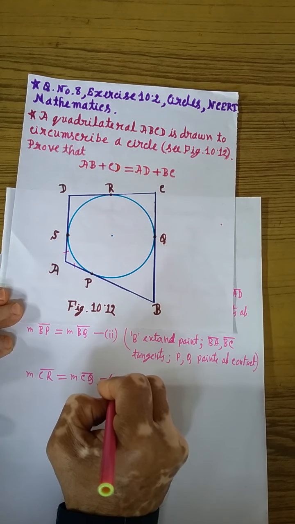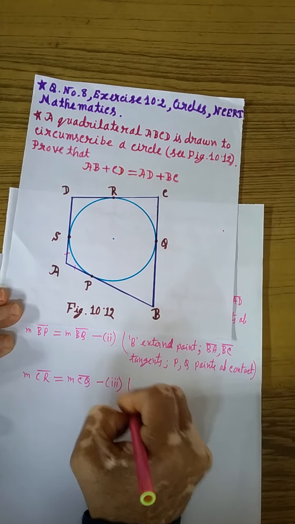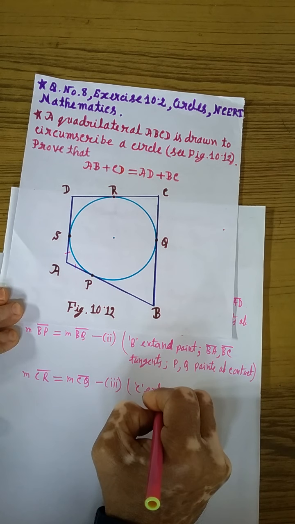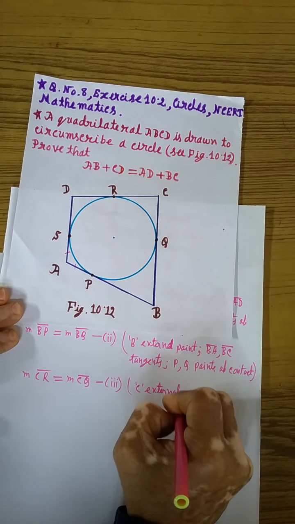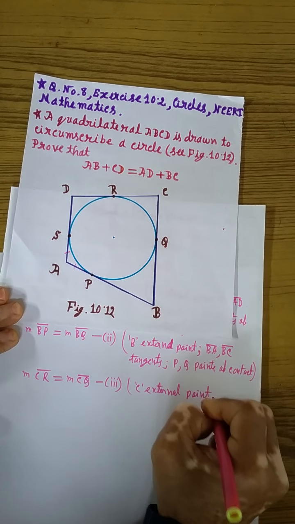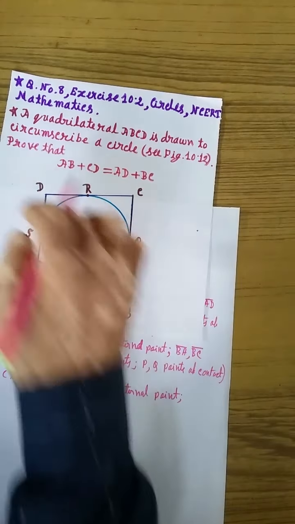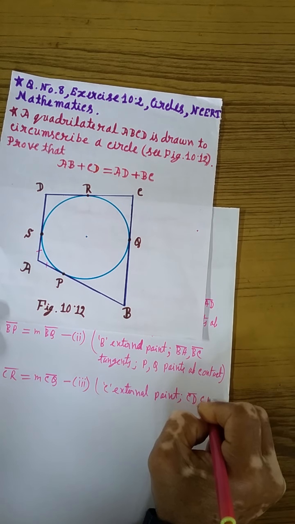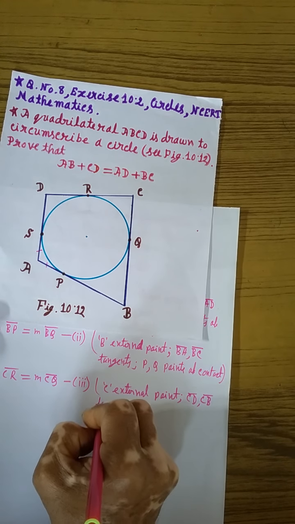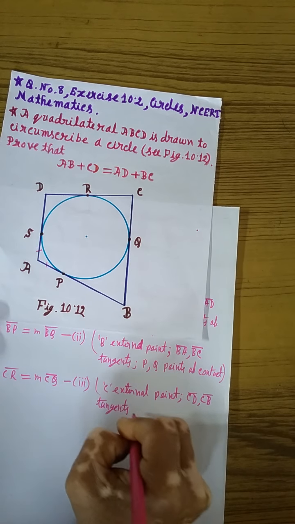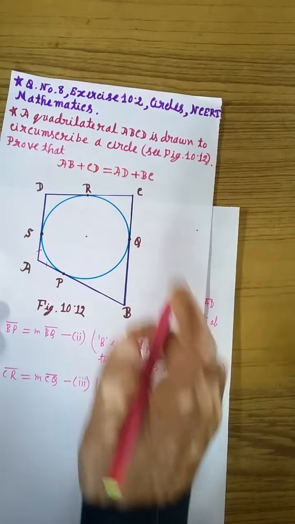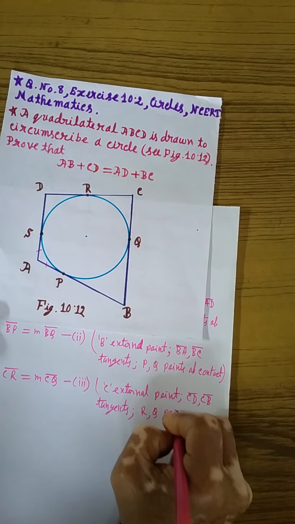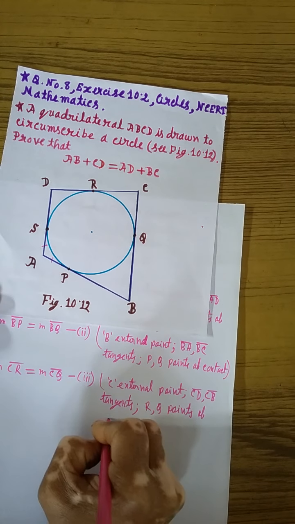Let us name this relation as 3, and write within bracket, this time C external point, CD, CB tangents, R, Q points of contact.